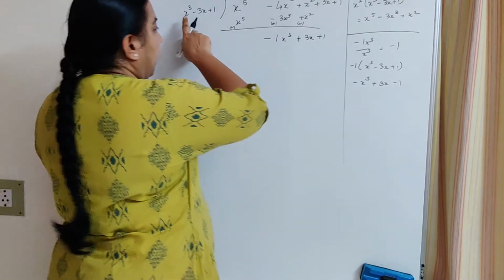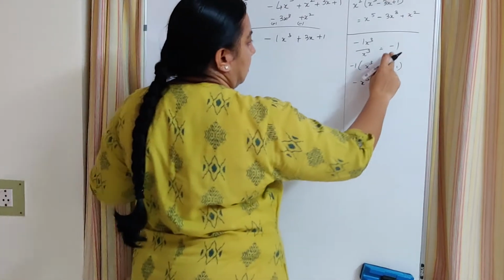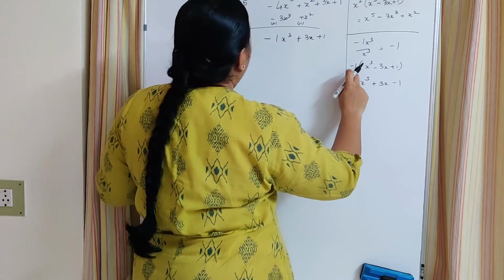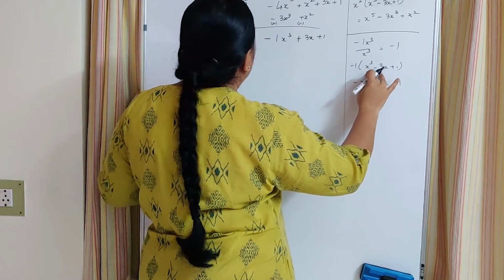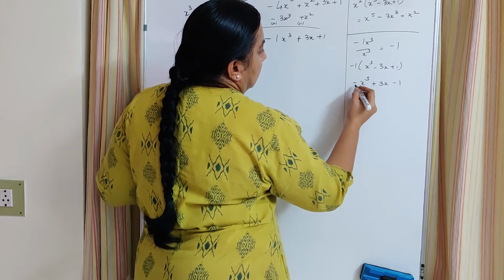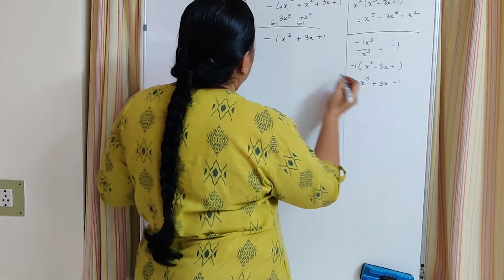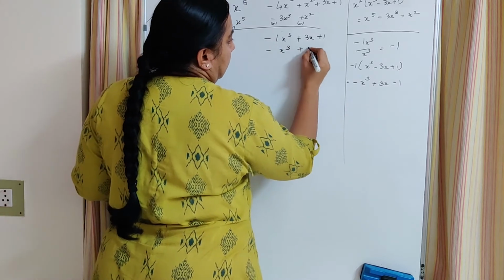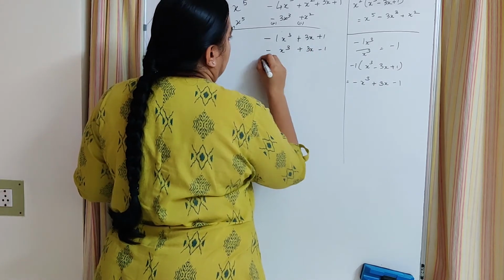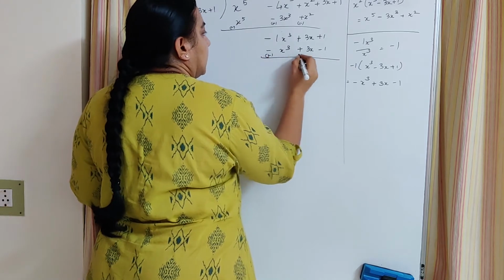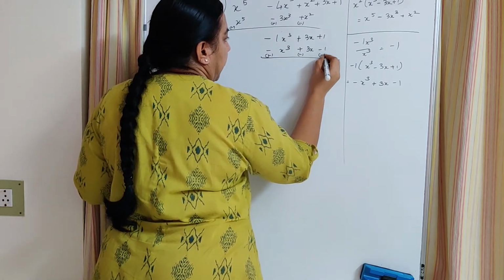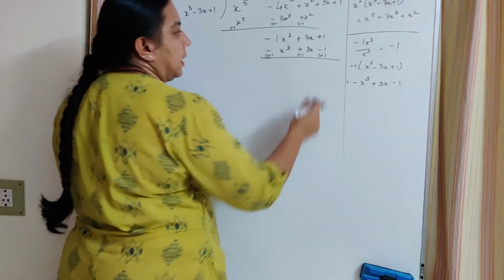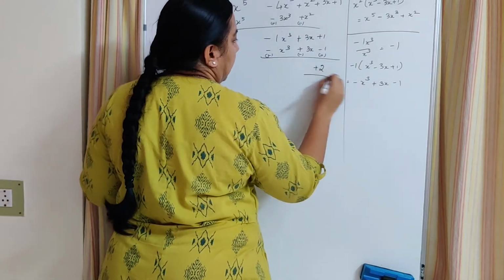Minus 1 x cube divided by x cube is equal to minus 1. So minus 1 here. Then minus 1 into x cube minus 3x plus 1 is equal to minus x cube plus 3x minus 1. And I change the symbol as it is subtraction. The first term gets cancelled, the second term also gets cancelled, the third term, plus 2 I get.